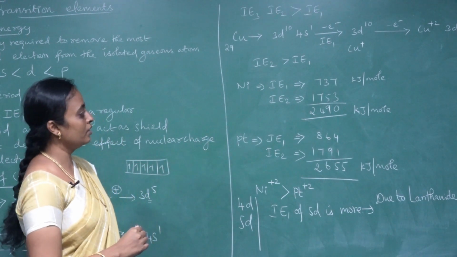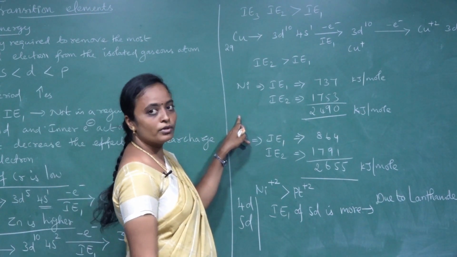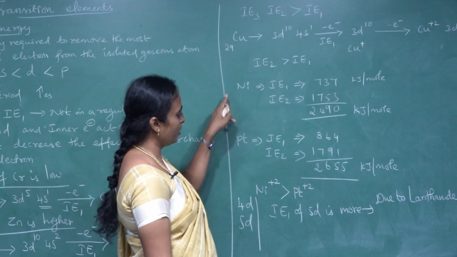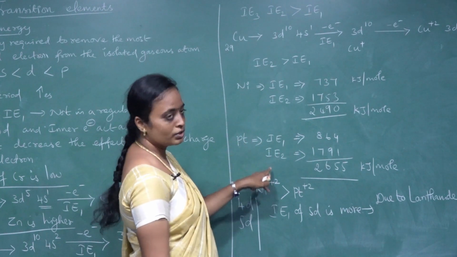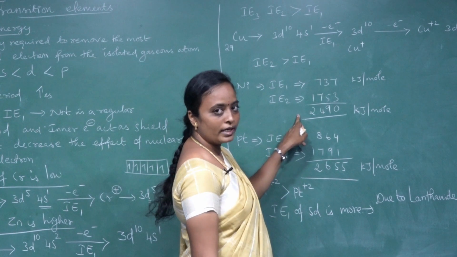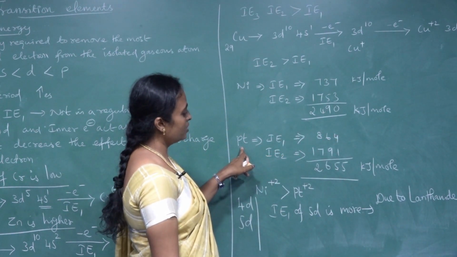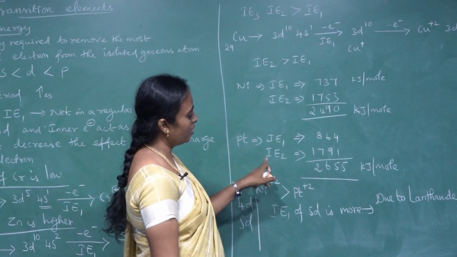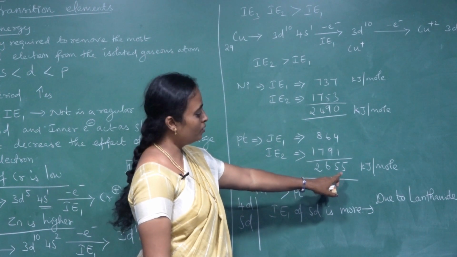Based on the ionization energy, we can find which compound is more stable, and for that I have taken two: the nickel plus 2 complex and the platinum plus 2 complex. Nickel plus 2 has a total ionization energy of 2490 kilojoule per mole, but for platinum plus 2 it is 2655 kilojoule per mole.